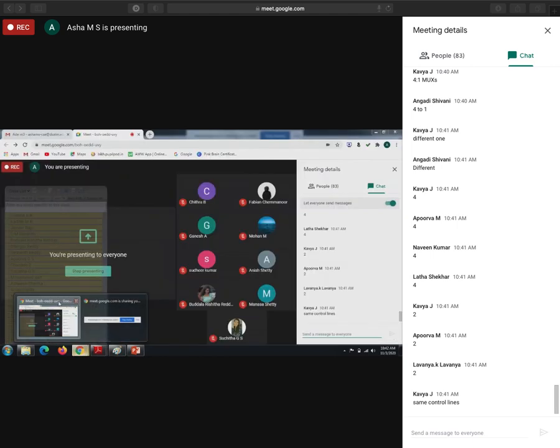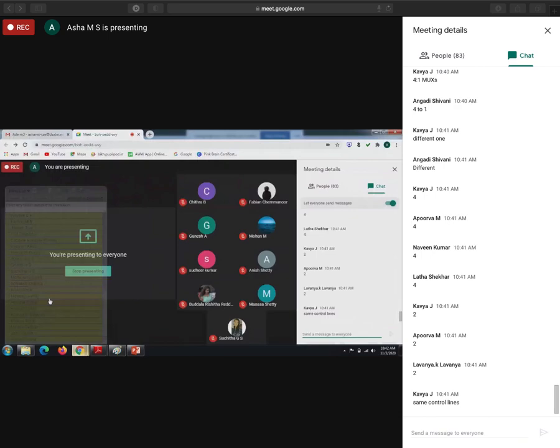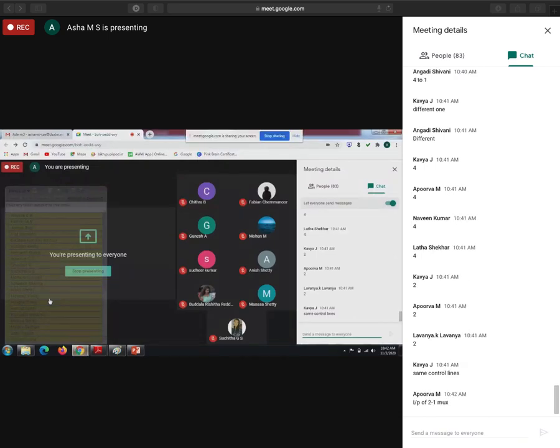So I need to form an 8 to 1 mux. See, I got 8 inputs, I got 1 output. But the connections in between are missing. Output of the 4 to 1 mux should be connected to where?